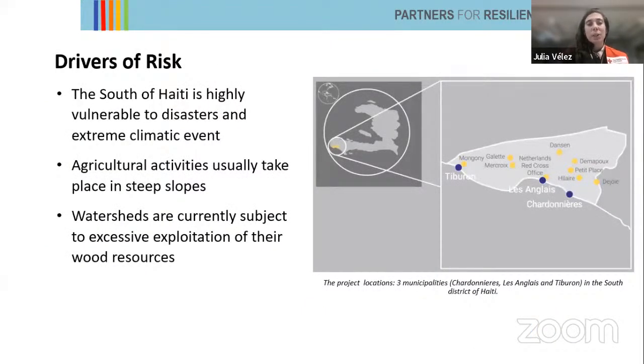The drivers of risk where the project has happened, it has been in the South Department of Haiti, which is a really highly vulnerable area to disaster and extreme climatic events, especially during the hurricane season.